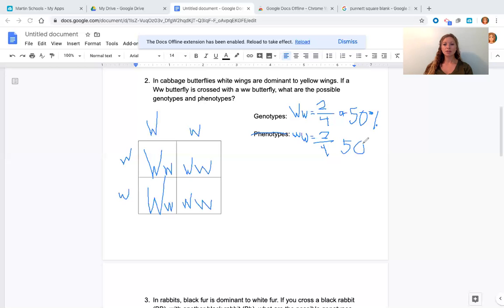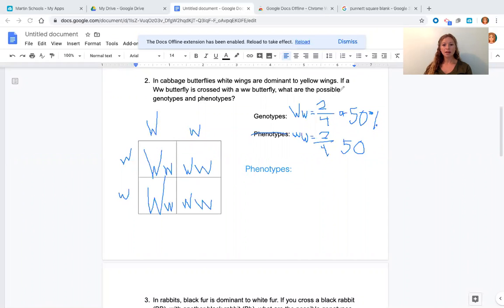Okay, so that's my genotypes. Now my phenotype refers to physical characteristics, okay? So physical characteristics would be what we see, what we can observe just by looking.